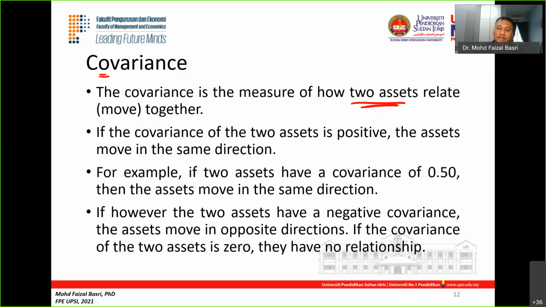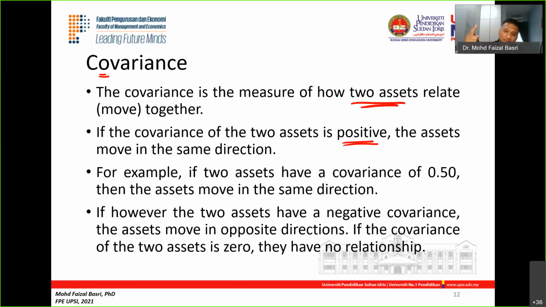So this covariance measurement will give us an indication. There are three possibilities when we talk about covariance. The first one, if it's positive, when we measure the covariance and you get a positive value, it indicates that these two investments or stocks will move in the same direction.